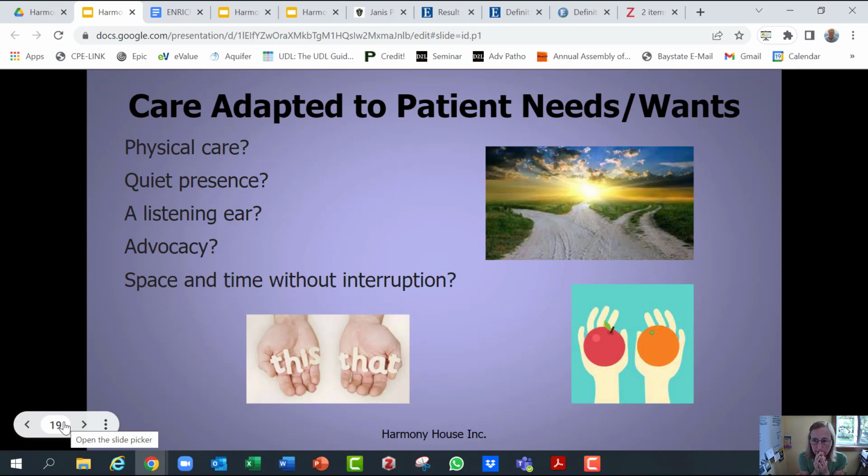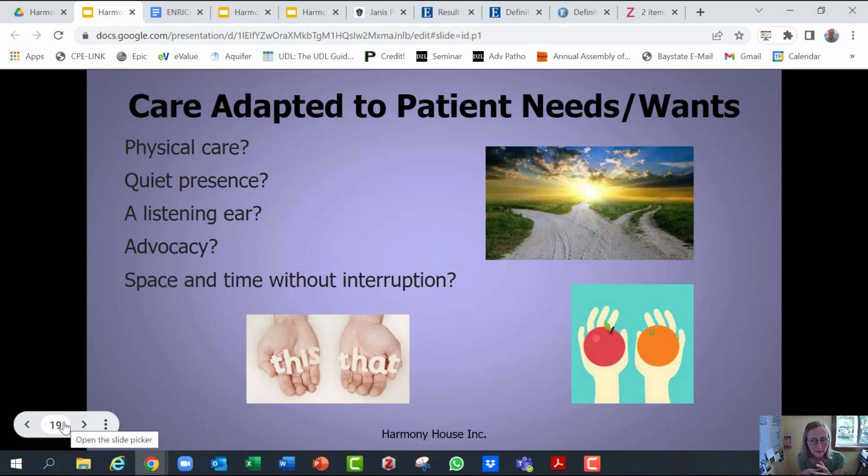So lastly, I wanted to really think about summarizing what it is we're trying to do in the active dying process as we care for patients. We want to know whether there's physical care that needs to happen, whether quiet presence is wanted or needed. For those residents who are still able to talk and converse, do they need a listening ear?